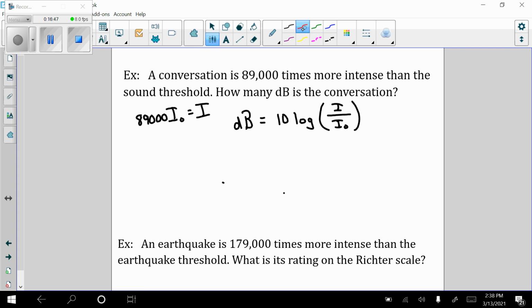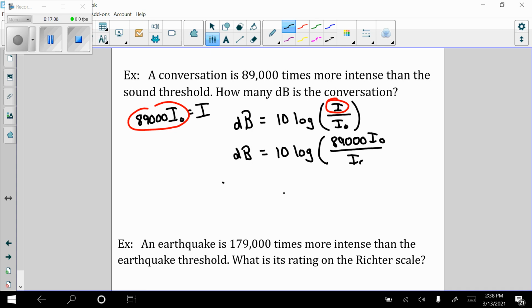So if I take this and substitute it for I, I get my decibel is equal to 10 log of 89,000 I sub 0 over I sub 0. My I sub zeros can cancel.